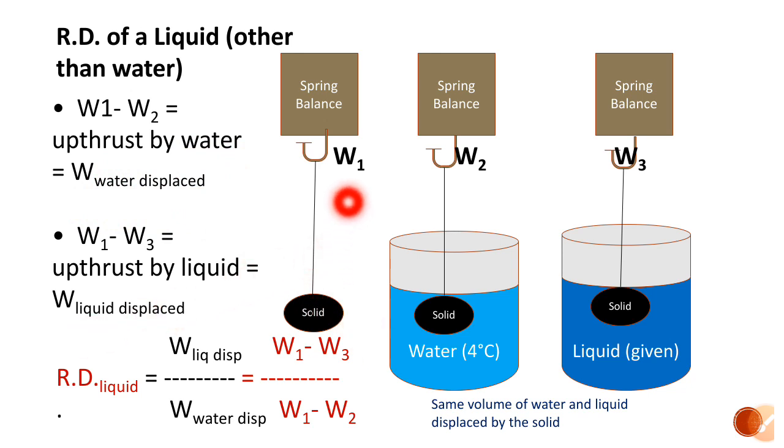We have W1, W2 and W3, so we can substitute those values and easily calculate the relative density of the liquid. The volume of water and liquid displaced by the solid is the same.